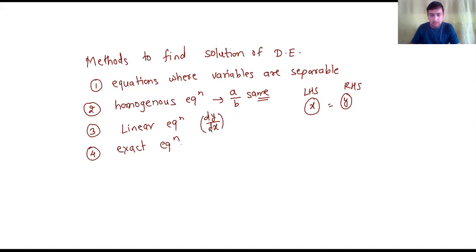That means these will be equations involving dy by dx terms only. An exact equation means those which are exactly differentiable. So from now onwards we will take this type of equation one by one, and we are going to see what the methods are to find the solution of such differential equations, right?